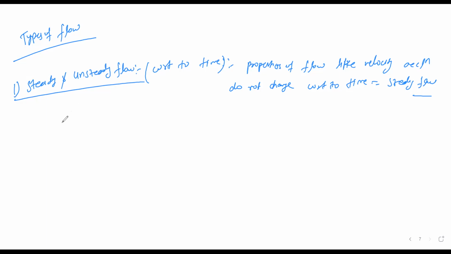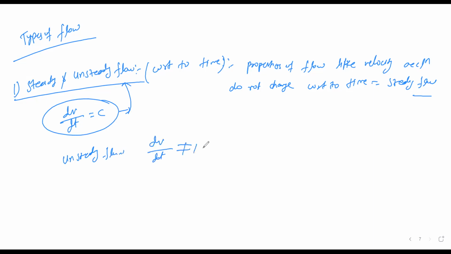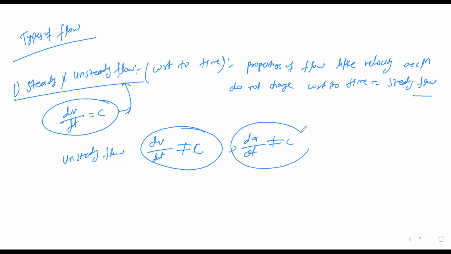For steady flow, dv by dt must be equal to constant. For unsteady flow, dv by dt or the acceleration with respect to time should not be constant. These come under unsteady flow.